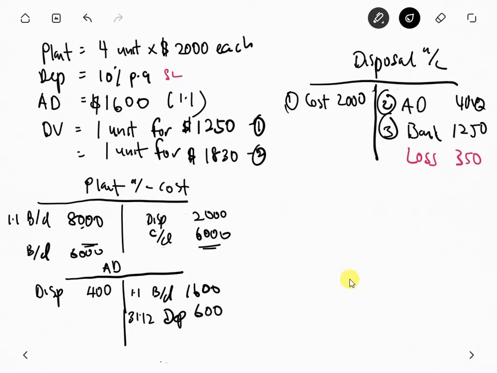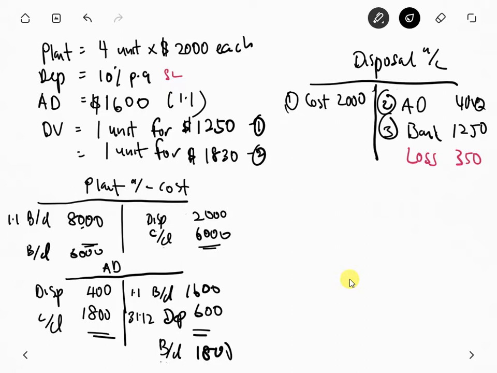Debit depreciation, credit accumulated. So what is my carry down, brought down? 2,200 minus 400, 1,800. So the cost is 6,000, accumulated is 1,800. 3 units left. Already disposed of 1.